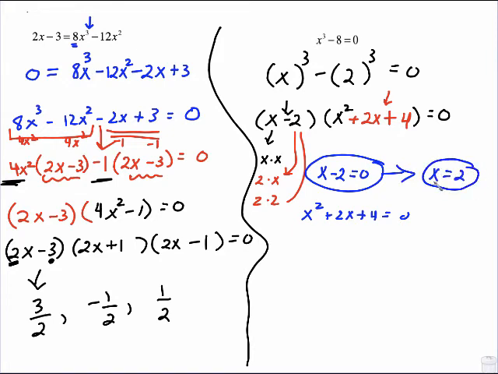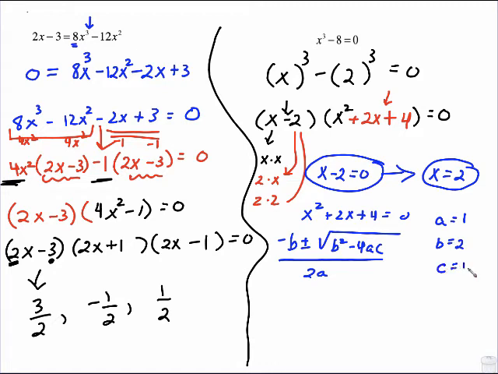But this one, because it does not factor, we have to use the quadratic formula on that, which is negative b plus or minus the square root of b squared minus 4ac all over 2a. So a is 1, b is 2, and c is 4.